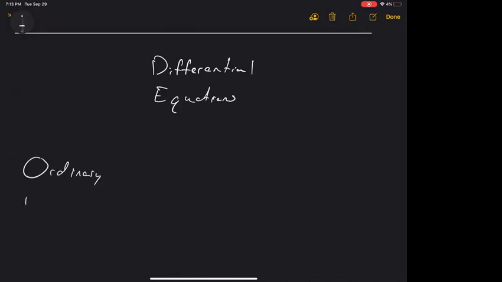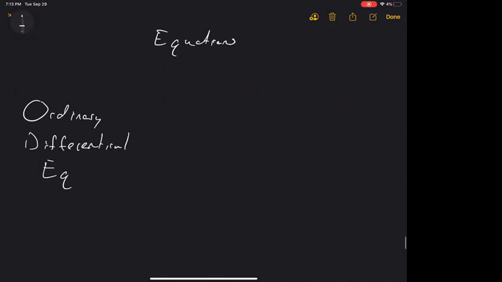So differential equations kind of come in two flavors. There's ordinary differential equations, which is also commonly just called differential equations or diff-EQs or ODEs.